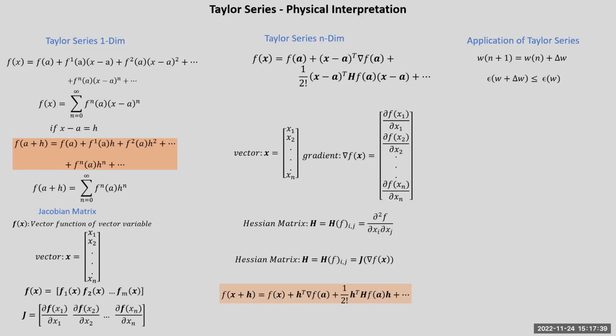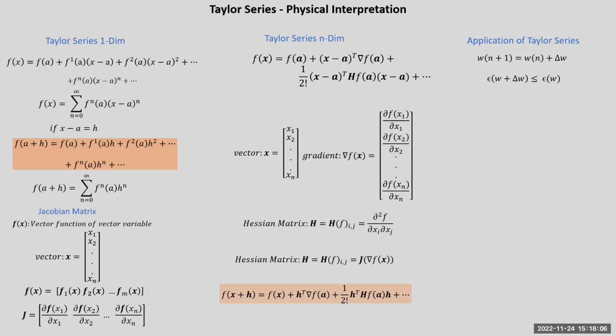Obviously one can see the choice is that the error, which is expressed as epsilon in your adaptive processing algorithm, should be smaller in the current iteration compared to the previous iteration, where in the current iteration weights are updated by a factor delta w.